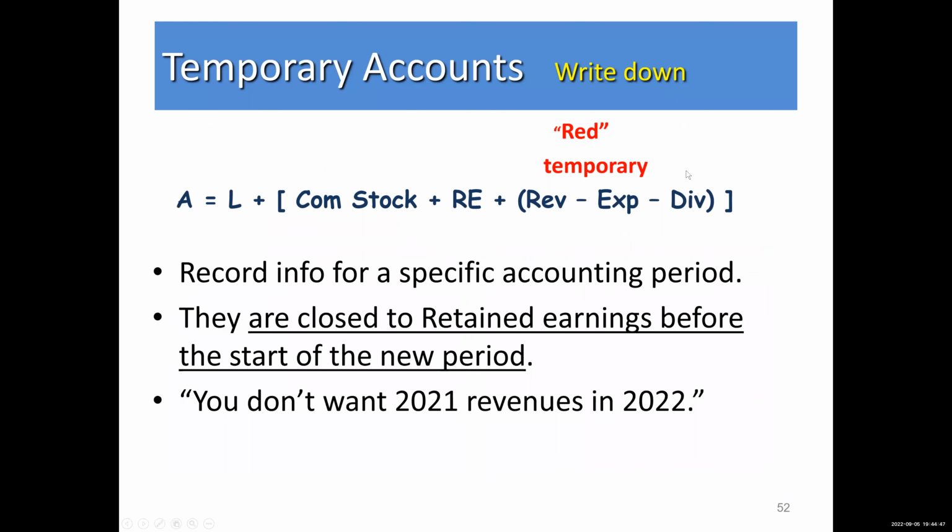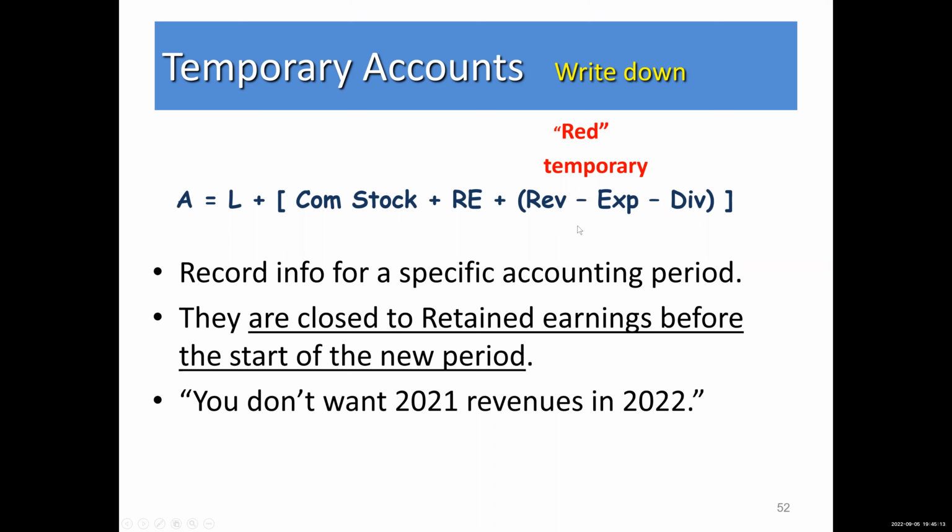So let me offer you this slide here. I even say to write it down. What we're going to do is record information during a specific accounting period, and we're going to capture all the revenues for the period, all the expenses for that period, and the dividends for that period. It could be for a month, it could be for a year, whatever your period is.